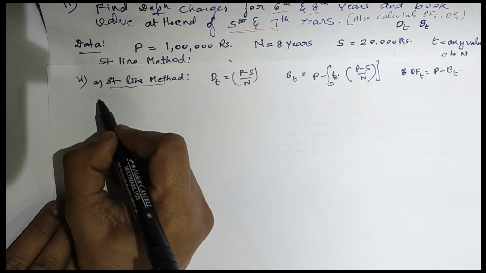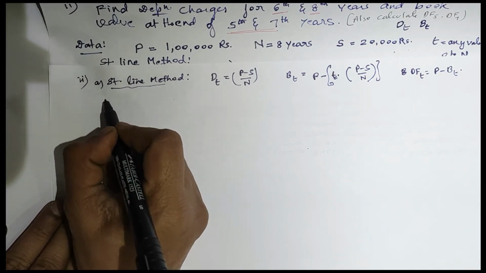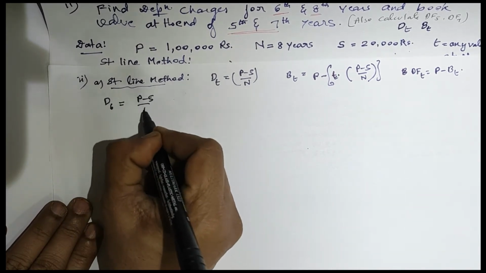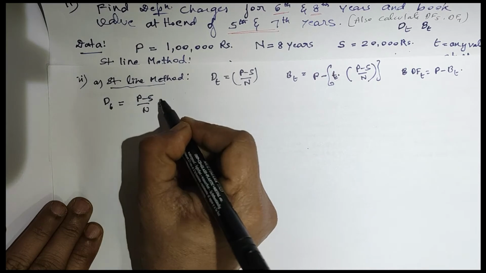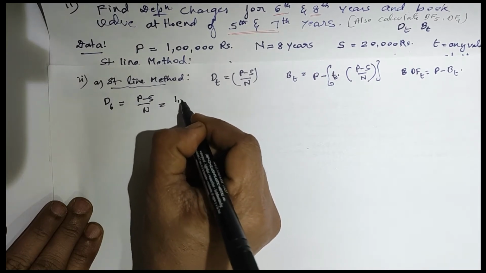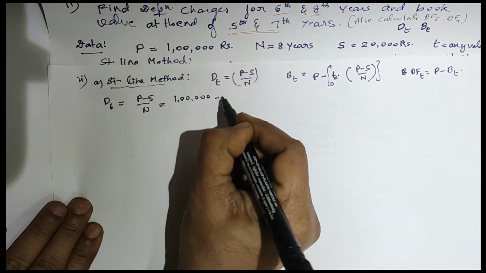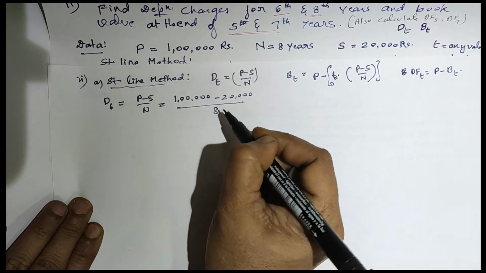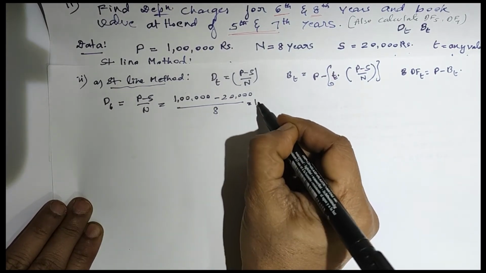It's asked for 6th and 8th year. So depreciation charges for 6th year, P minus S by N. P minus S is 80,000. Actually, we already seen it. Anyway, I will write it: 1 lakh minus 20,000 divided by 8, which is equal to 10,000.